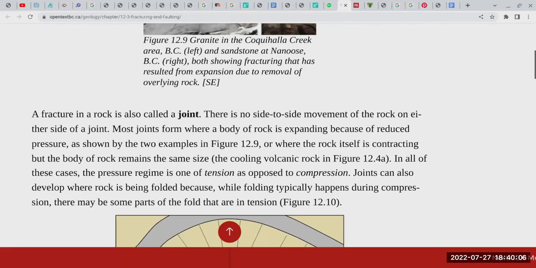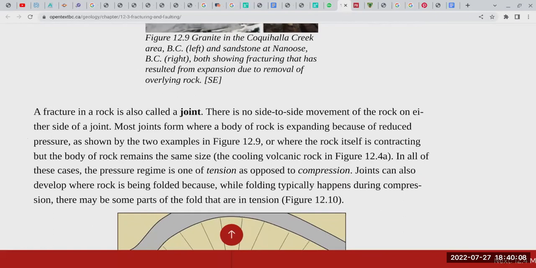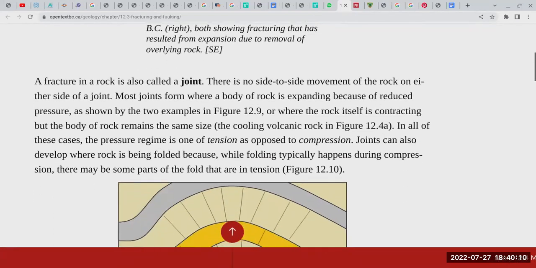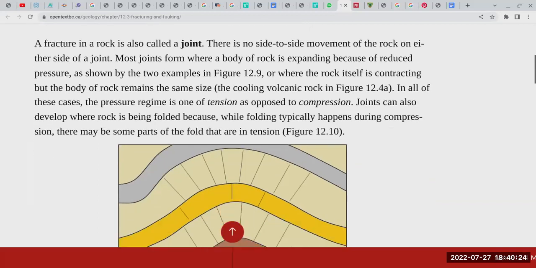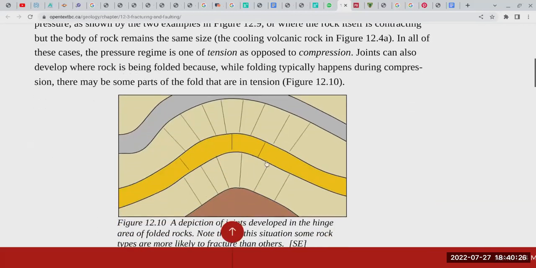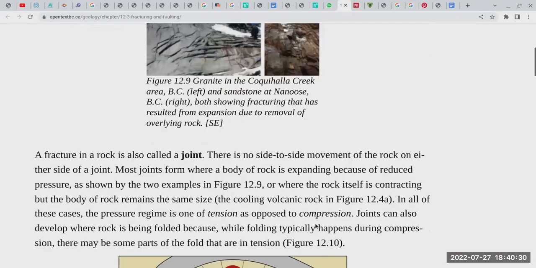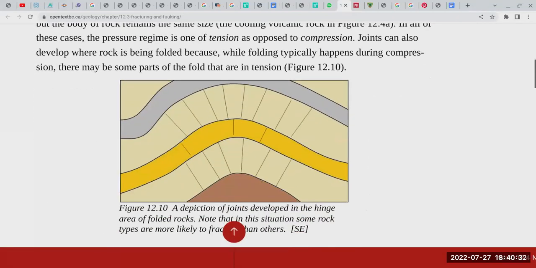In all of these cases, the pressure regime is one of tension as opposed to compression. Joints can also develop where rock is being folded, because while folding typically happens during compression, there may be some parts of the fold that are in tension. If you look at this fold, you can see these fractures taking place inside of the fold.